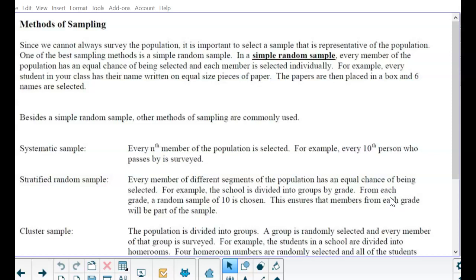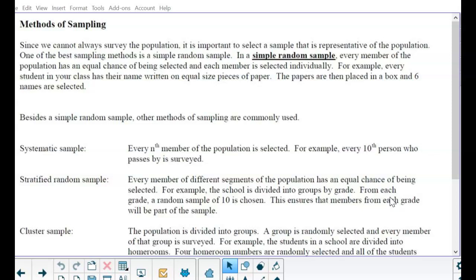Stratified is where every member of different segments of the population has equal chance of being selected. So for example, if we divide the school by grade, then it's almost like 3 samples. Randomly choose from the grade 10s, randomly choose from the grade 11s, randomly choose from the grade 12s. That way, for sure, you're going to get members from each grade.